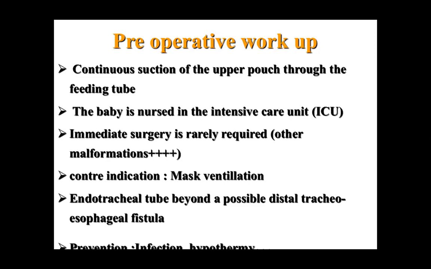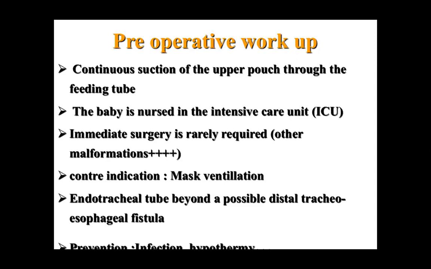So if this patient presents dyspnea, please do not use mask ventilation. Why? Because if you use mask ventilation, air will pass into the lungs, but the majority of the air will pass into the stomach and the intestine. This will enhance the abdominal distension. This will also enhance the pressure on the diaphragm and compromise the respiration.